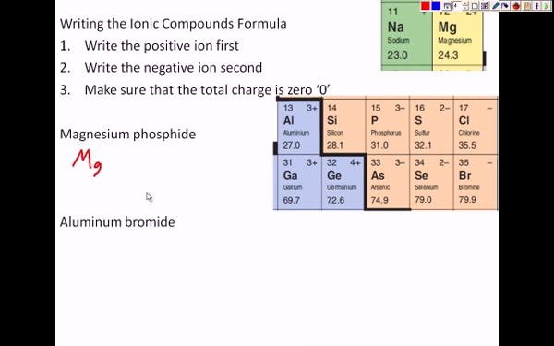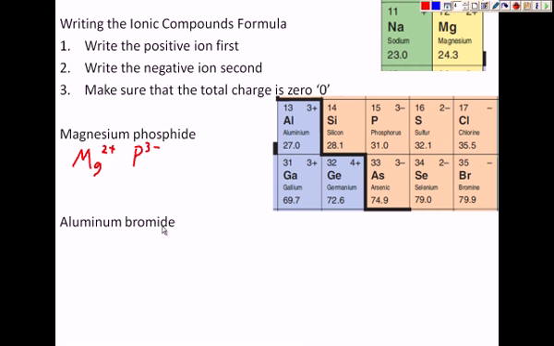Mg. Now, Mg, if you can read this, says 2+ up in the corner. Now the second one is phosphide. Phosphide comes from phosphorus, which is P3-.